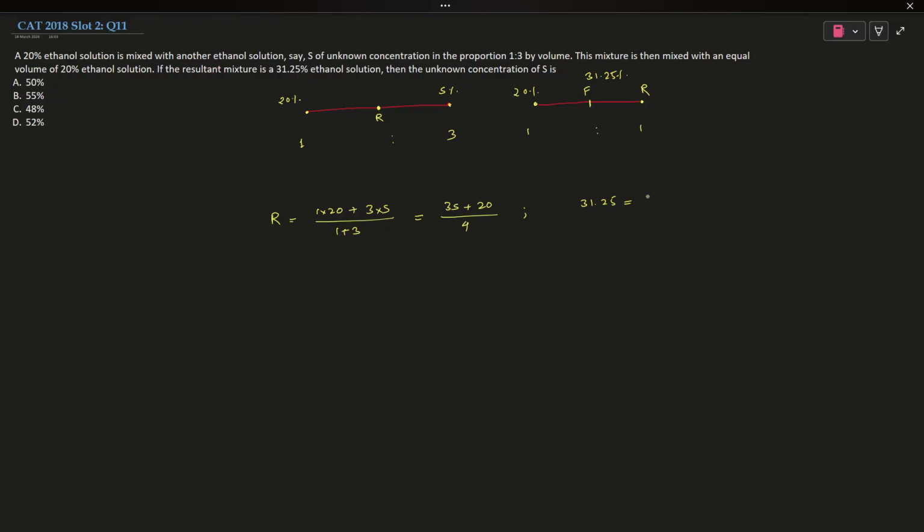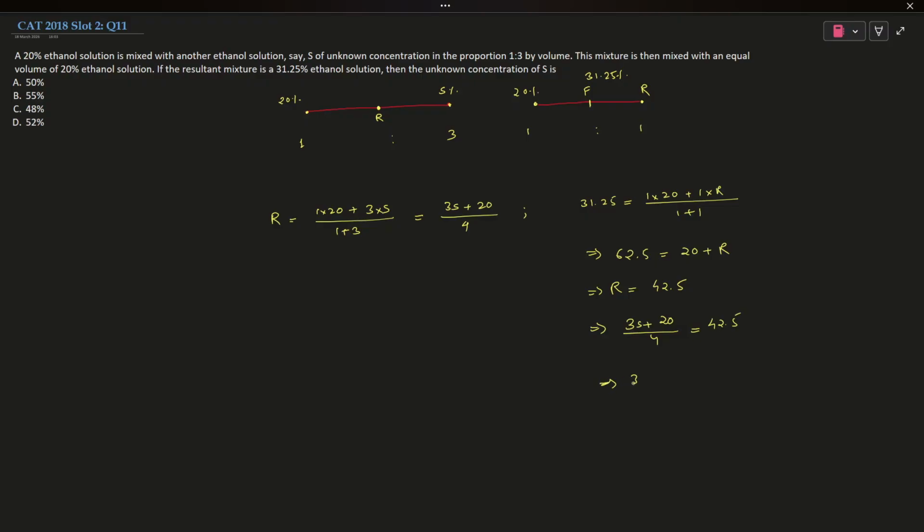31.25 is equal to 1 into 20 plus 1 into R by 1 plus 1. So this will be 62.5 is equal to 20 plus R, or R is equal to 42.5. What is R, guys? R is 3S plus 20 by 4 is equal to 42.5.